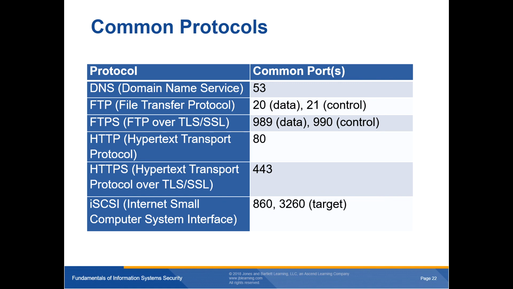Some more: DNS, the domain name services, is 53. FTP actually uses 20 for data and 21 for the control of it. FTPS, FTP over TLS, SSL, uses 989 for the data and 990 for the control. And so there you have those common protocols associated with different ports.